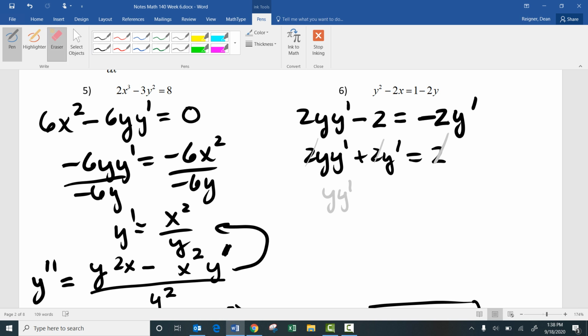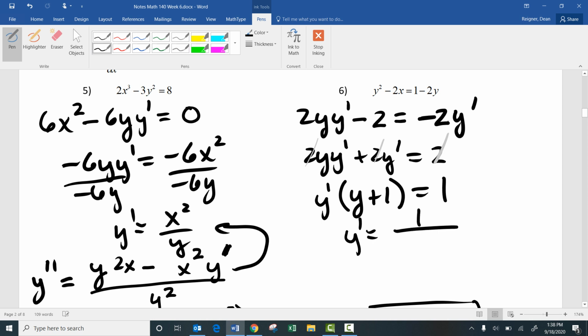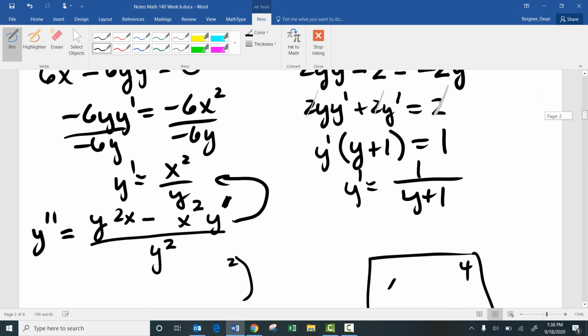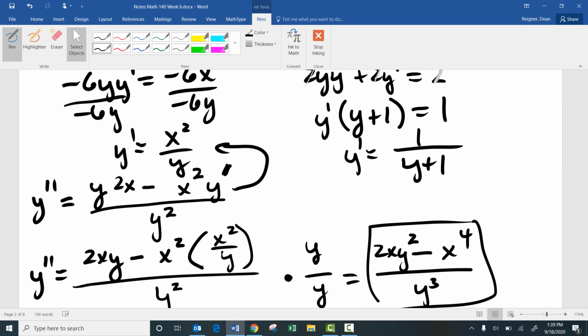And then actually what we'll do is we'll factor out a y prime at the same time. So when you factor that out, you have a y, and then you factor a y prime out of there. Be careful, you have 1. And then be careful, when you divide by 2, you have a 1. So y prime is 1 over y plus 1. All right? So that's y prime. That's our derivative. So let me erase here.